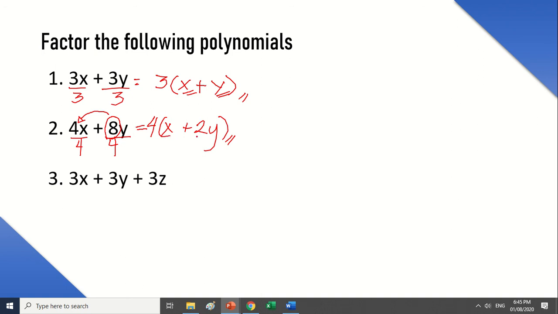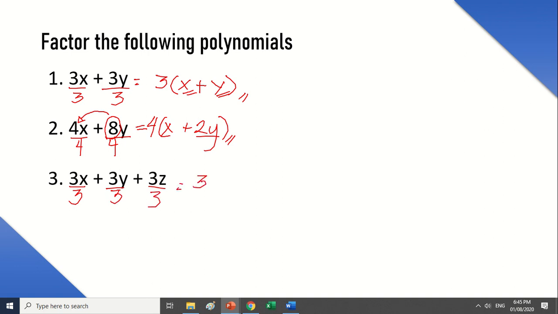So, x and 2y. Next, again, what is common to the three terms? So here we have 3, 3, 3. And then the variables, we have only x, y, z. So from here, we can assume that the common factor is 3. Then divide all of them by 3.